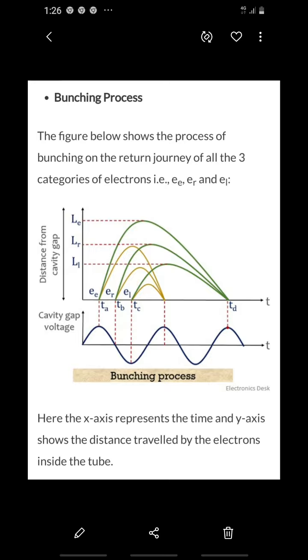Here in the bunching process, different electrons are there, with time gaps in between at the cavity gap. The x-axis represents the time and the y-axis shows the distance traveled by the electrons inside the tube.